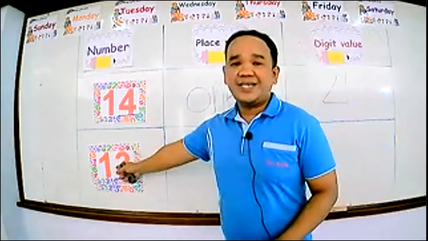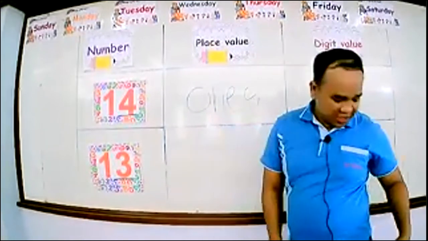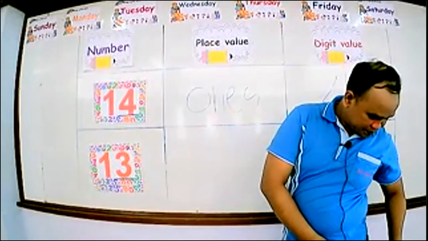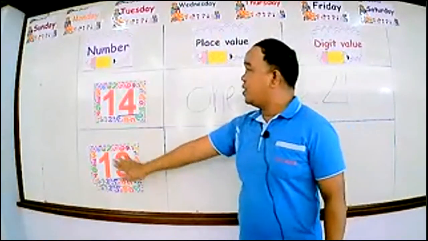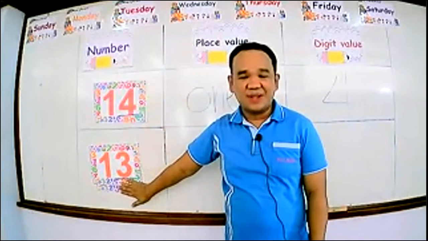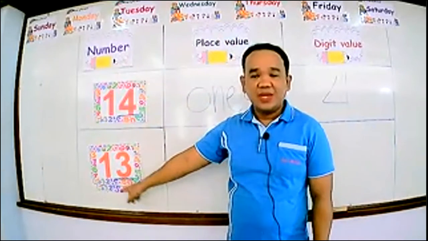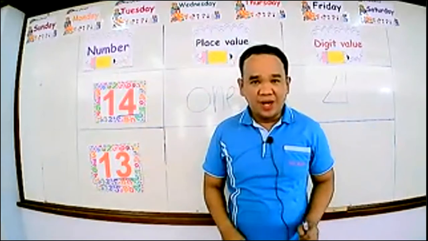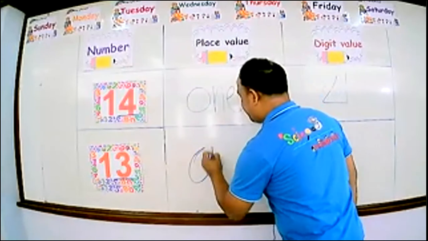So number 13 is our given number. But what is the place value of number 13? The underlined number is 3, and 3 stands for, very good, it's ones.